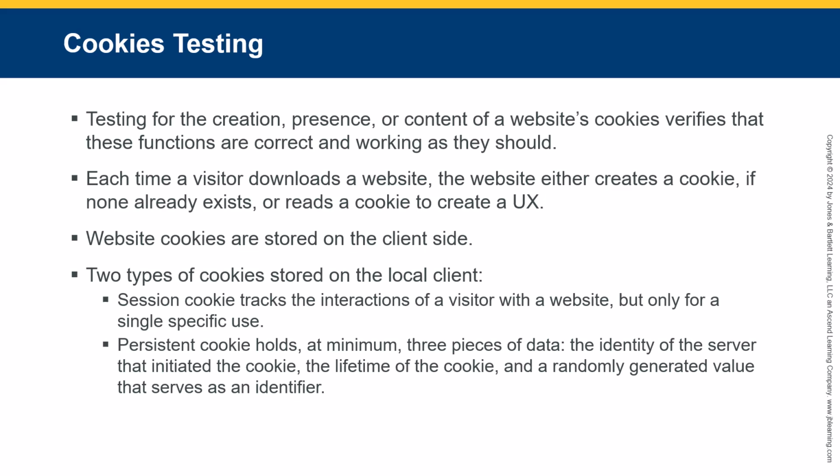Session cookies will track the interaction of a website and a visitor, but only for a single specific user. A persistent cookie will hold, at least at minimum, 3 pieces of data. They identify the server, the initiated cookie, the lifetime of the cookie, and a randomly generated value that serves as an identifier to add a certain level of protection.